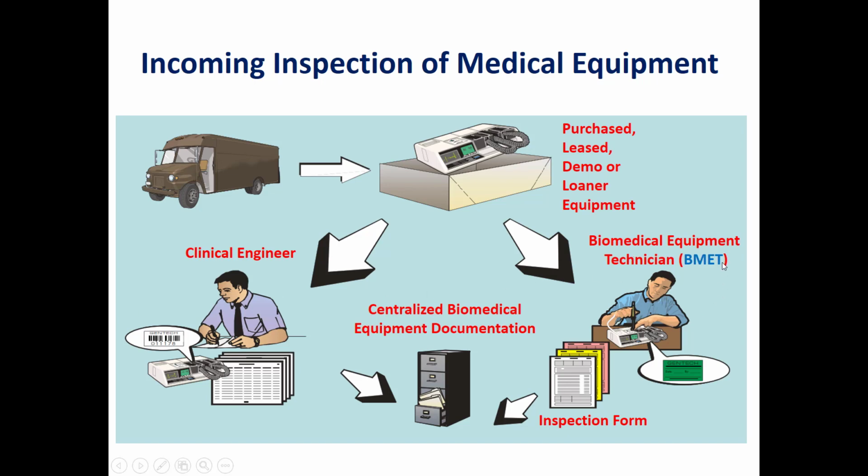Another task is achieved by the biomedical technician. The biomedical technician, the equipment technician, should make an inspection of this device, write an inspection form about this device, and make a file or document about this.